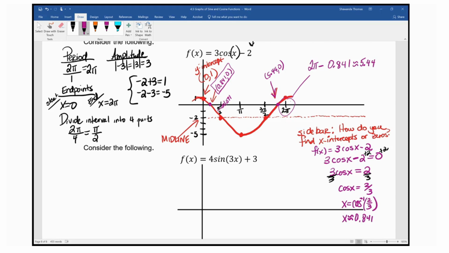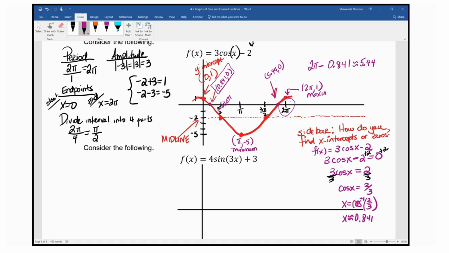All right, what is the minimum point? Pi, -5. Give me another maximum point. 2 pi, 1.